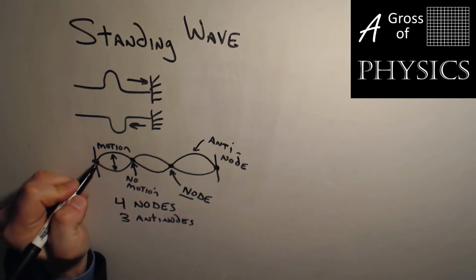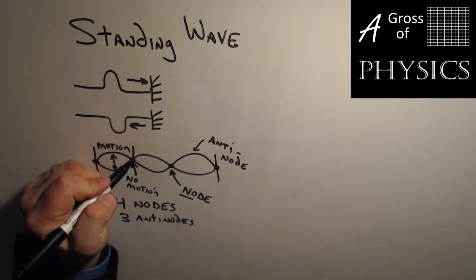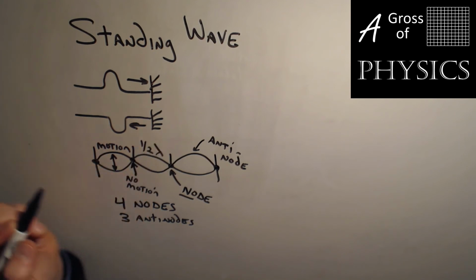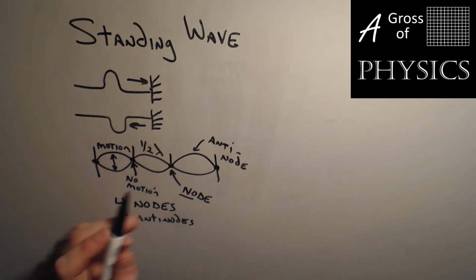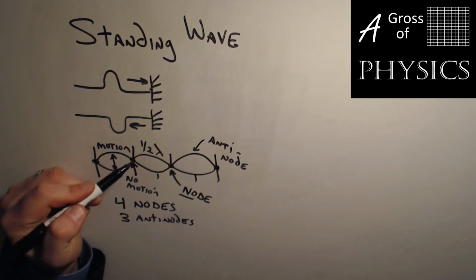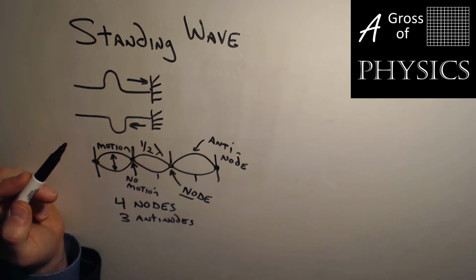And you'll always have one more node than antinode. Another thing to note is that the distance between two nodes is half a wavelength. Consequently, the distance between two antinodes is also half a wavelength, but it's going to be a little easier to measure the areas that are nodes.